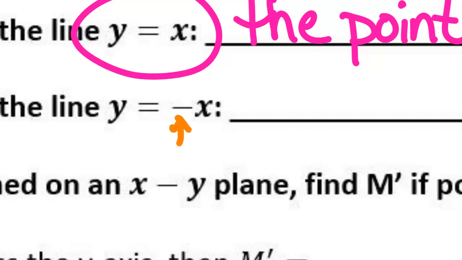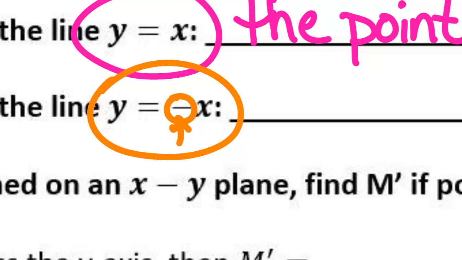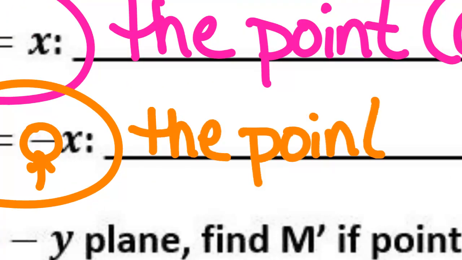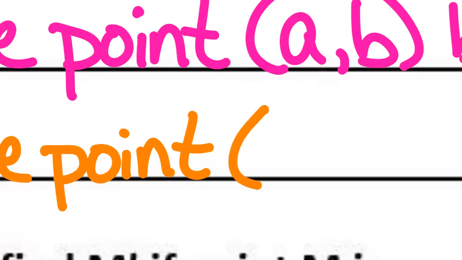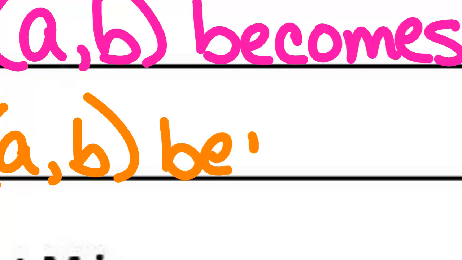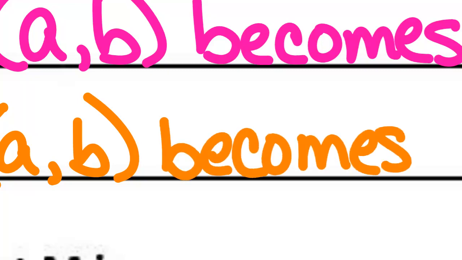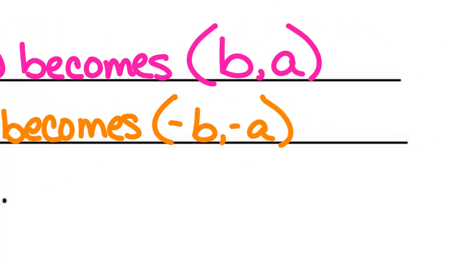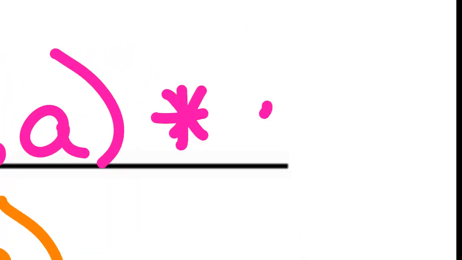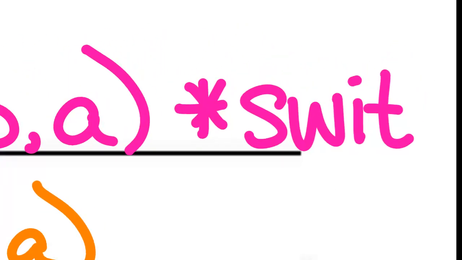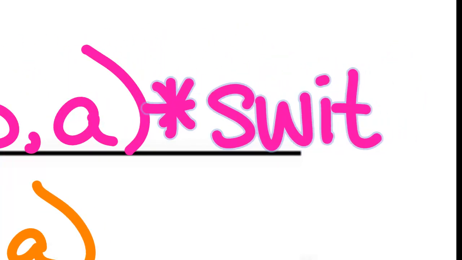When we reflect across the line y equals -x, if my original point was A, B, it's going to switch, but it's also going to change signs. So when we're reflecting over y equals x, we're going to switch the x's and the y's.